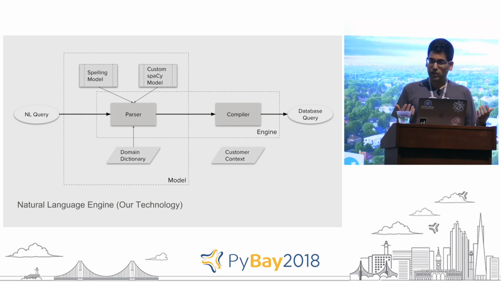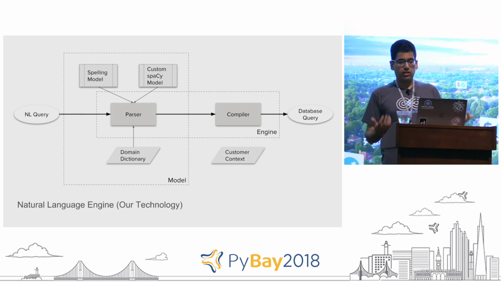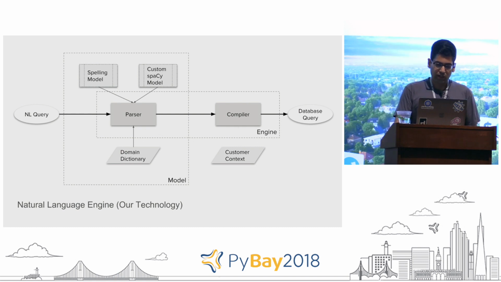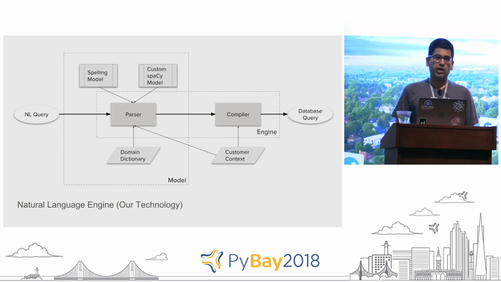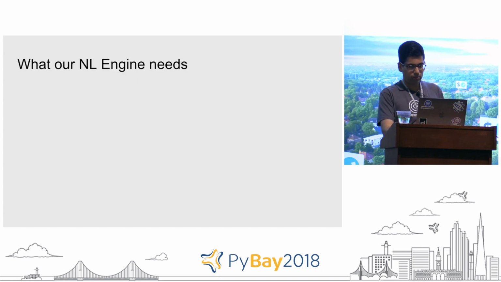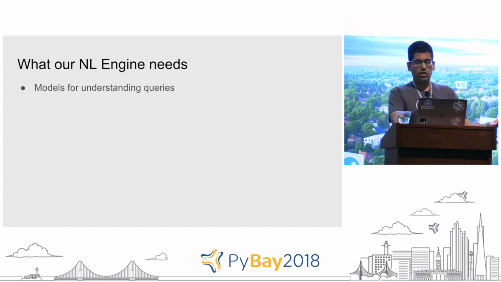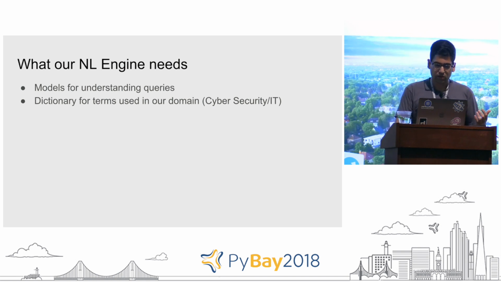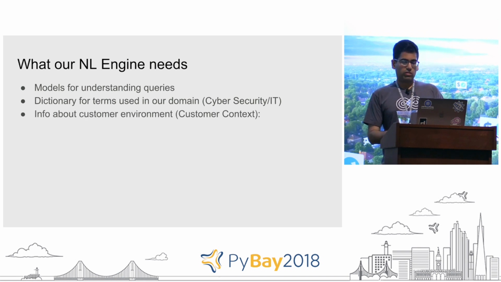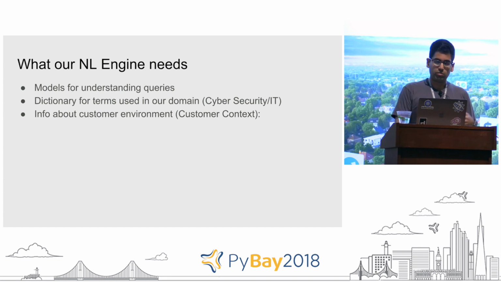Also, for natural language, you need a context. You need a customer context. That improves our ability to parse queries and make the most optimal database queries. So again, we need models for understanding queries. We need a domain dictionary. In this case, we focused on cybersecurity and IT. And this customer context is the information about our customer environment.